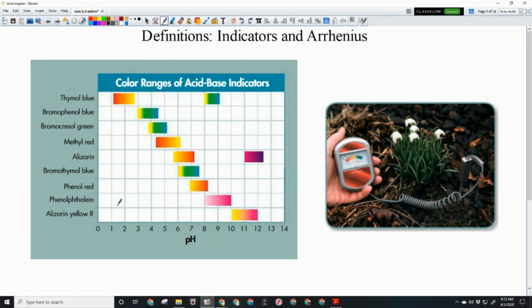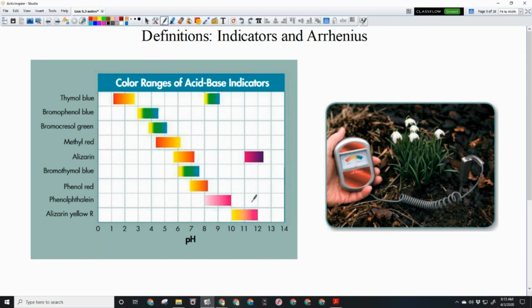So say, for example, phenolphthalein right here towards the bottom. This is a real popular one in chemistry that we use when we are trying to neutralize or what's called titrate an acid, where we have an acid and we're going to add a basic solution to it to bring the pH up to a 7.